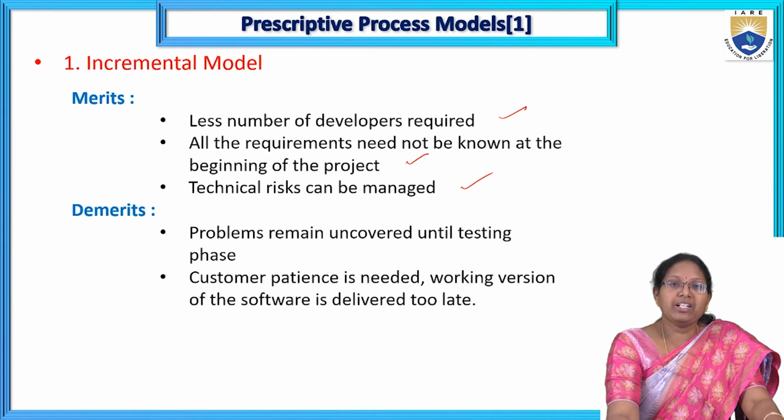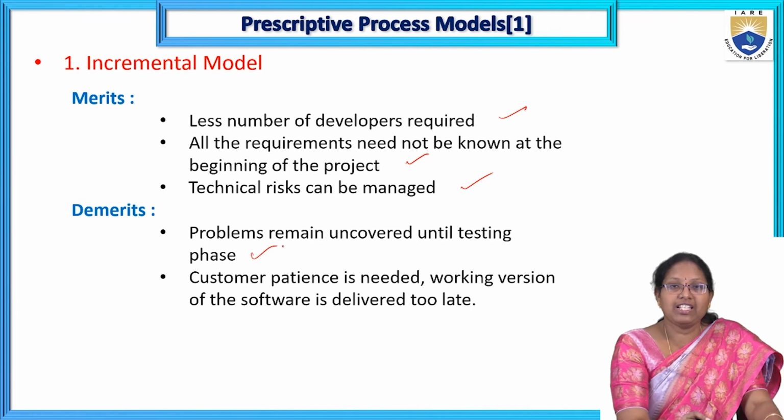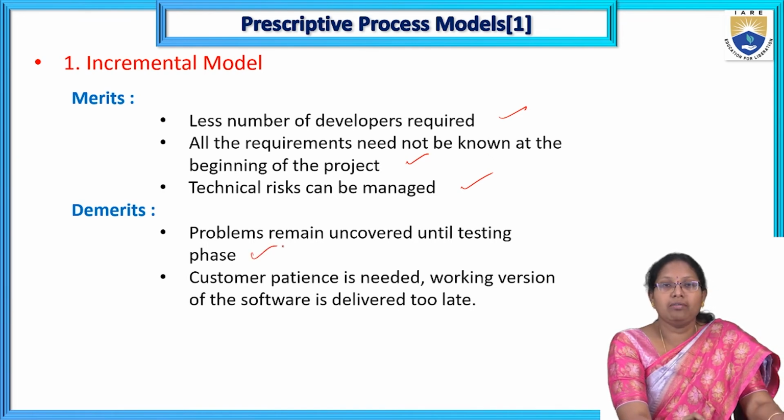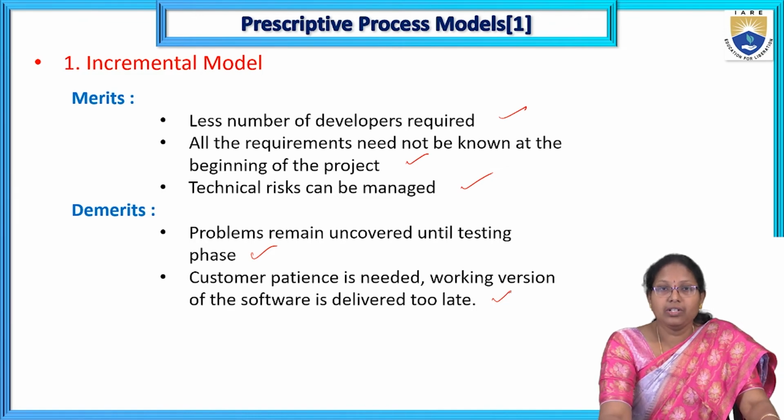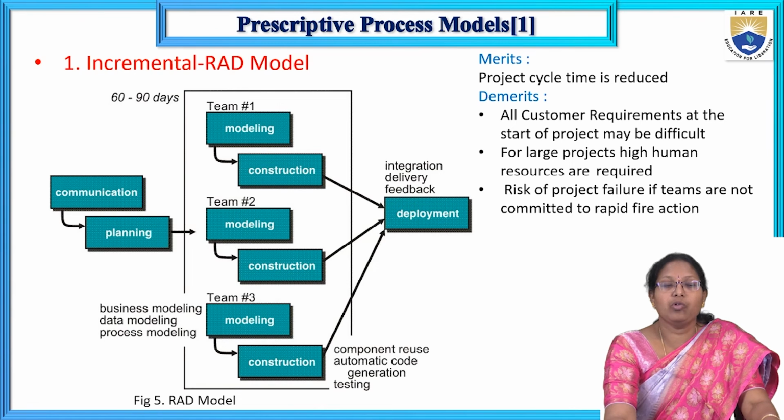The demerits are that problems remain uncovered until the testing phase, as usual like the V model. Also, the customer needs patience, because working versions of the software are delivered too late. That is also one of the demerits of the incremental model.